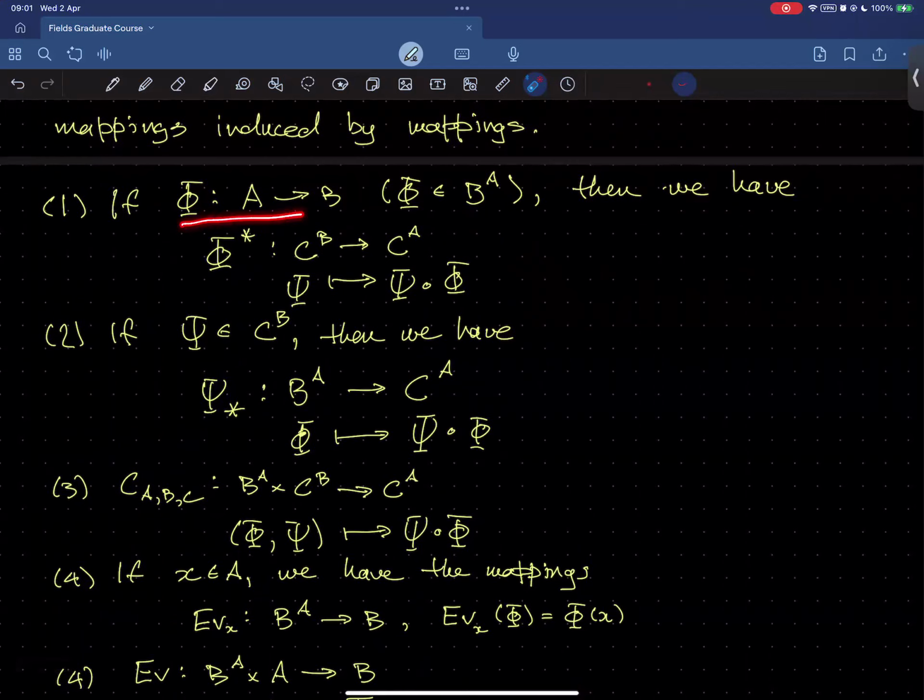So if phi is a mapping from A to B, and mappings from A to B are going to be written like this. Okay, so this is simply the set of mappings from A to B. That's shorthand for that.